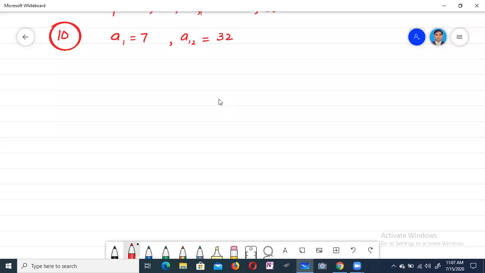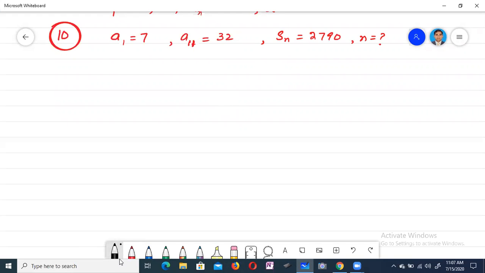Sorry, 11th term, that is not the 12th term. This is the 11th term. The sum of all the terms in the progression is 2790. Sum of all the terms, Sn, is 2790. Find the number of terms in the progression. Number of terms means we have to find the value of n. This is the question.